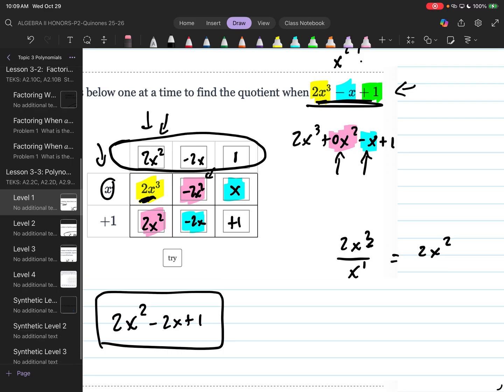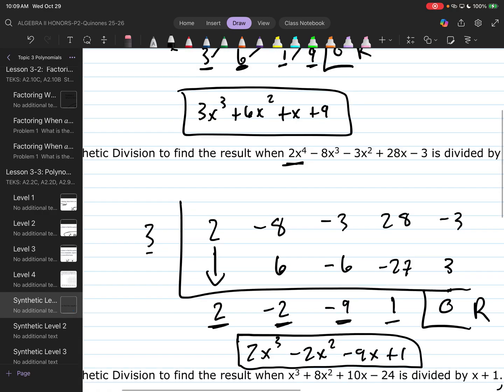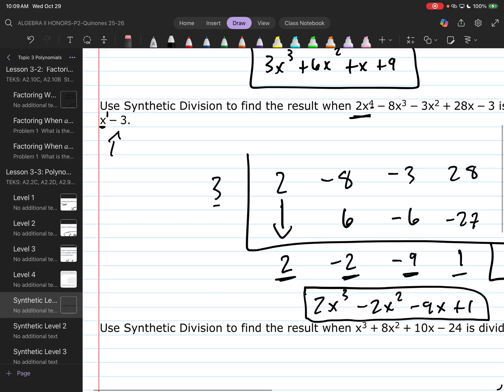So when we divide polynomials, remember that we are subtracting the power, right? In this case, since my divisor is x to the 1 power, this is 2x to the 4 power. My result should be x to the 3 power. So it could change depending on your polynomial that we're dividing. But yes, it is always one less than what we start off with. Does that answer your question?